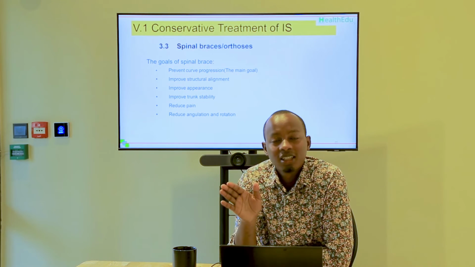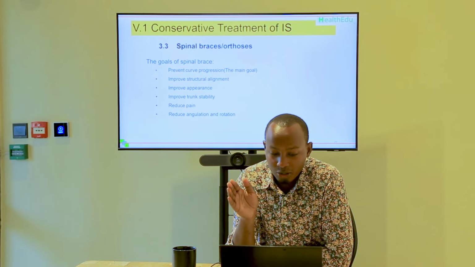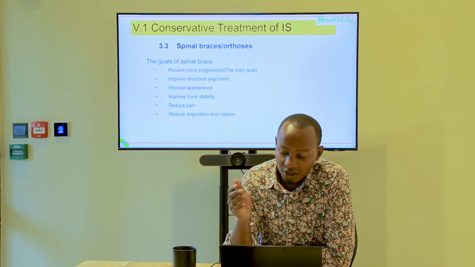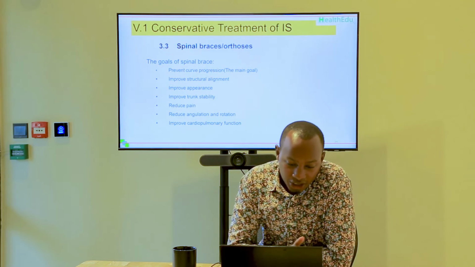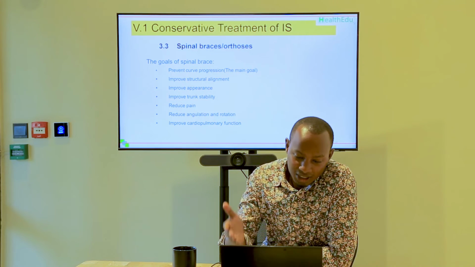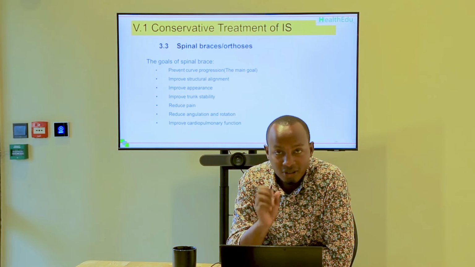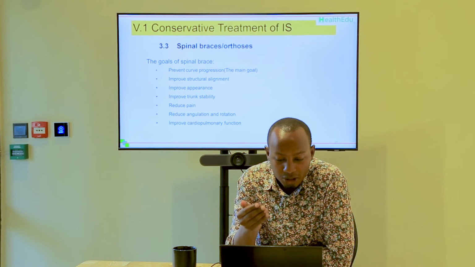It's not always that the patient will achieve the correction or the reduction in angulation, because most of the time it doesn't reduce. If it happens, that's a bonus. And when the patient is having severe scoliosis, they tend to have cardiopulmonary problems.